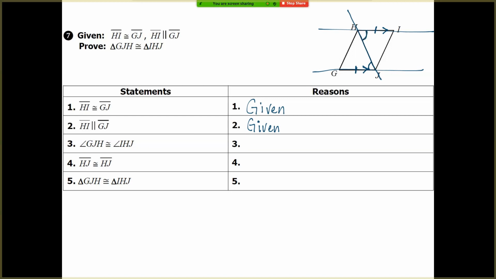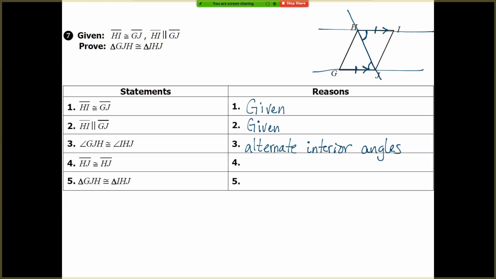So looking just at the two parallel lines and that one transversal I highlighted for us, those two angles are alternate interior angles. And we know from a previous lesson that alternate interior angles are always congruent.